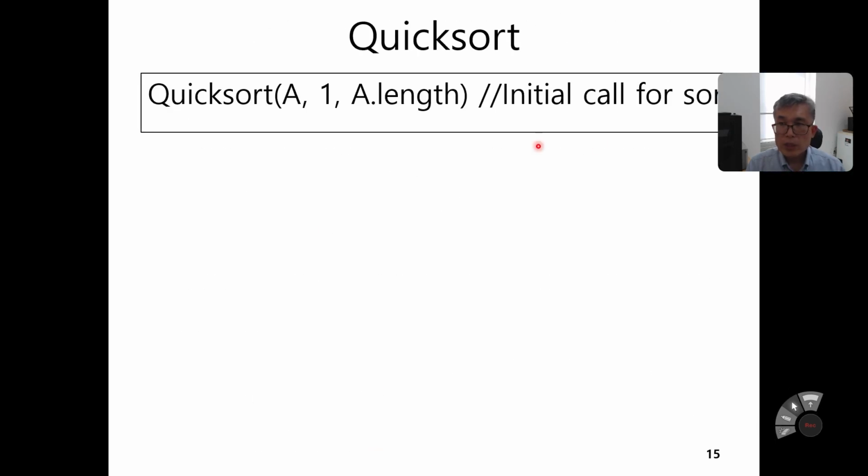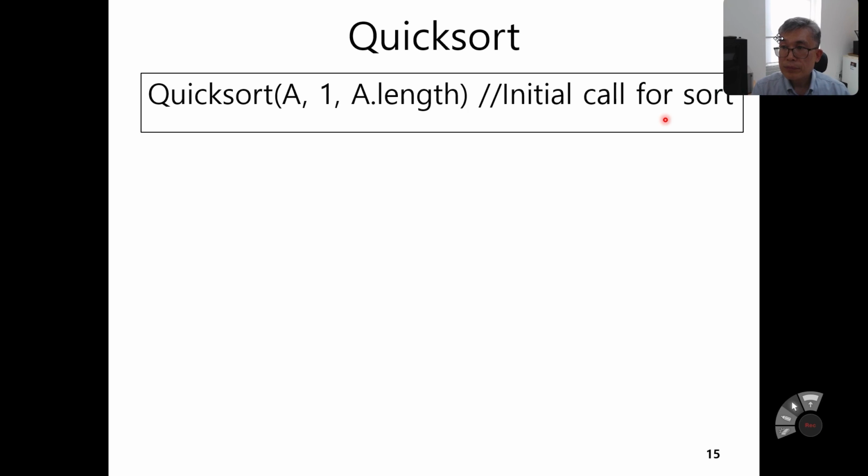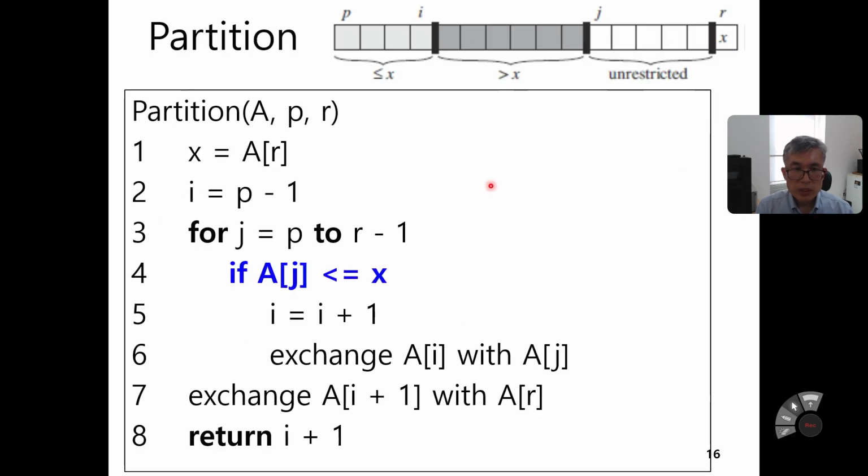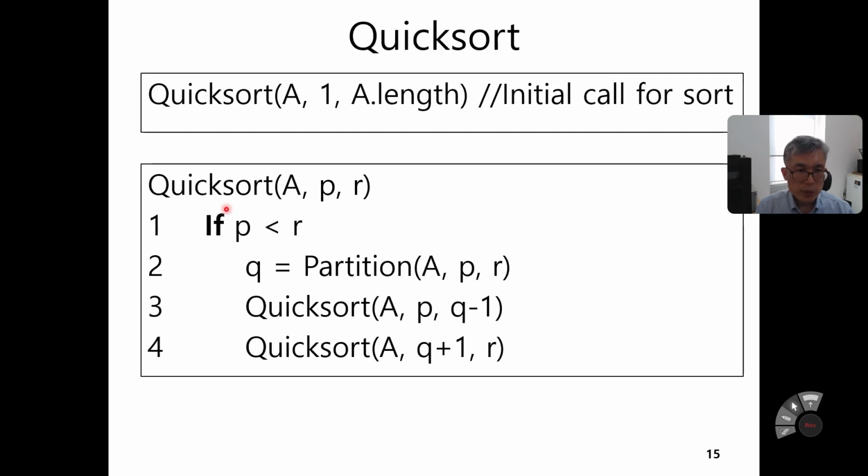Okay, let's take a look at the quicksort pseudocode. So quicksort takes the input array, this is the start index, and A dot length is the end index, the last index, okay? So we call quicksort.